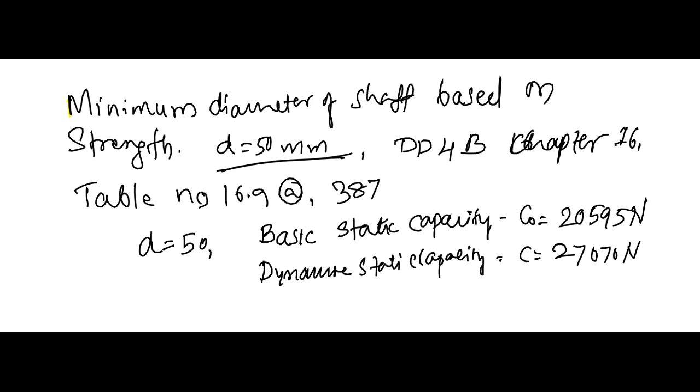Now you noted C naught and C. This is clear how to select the values of C naught and C based on the diameter.